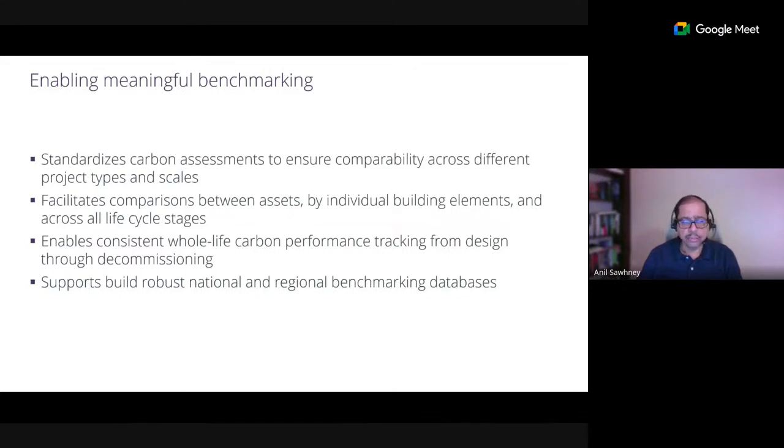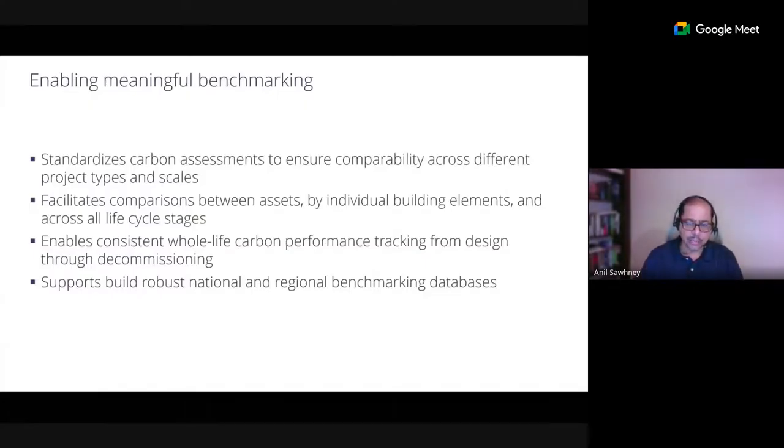It supports and builds robust national and regional benchmarking databases. We are building such a database in the UK called the Built Environment Carbon Database. So people are reporting their assessments, which are consistent. Those reports are then used to generate benchmarks.